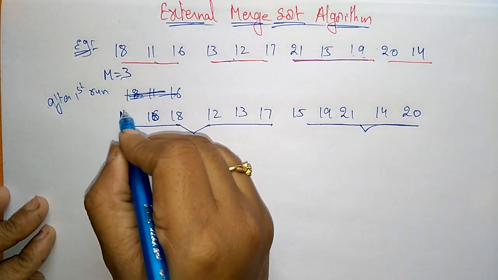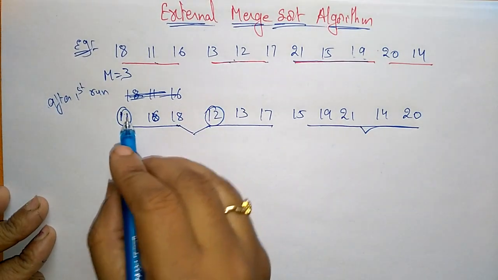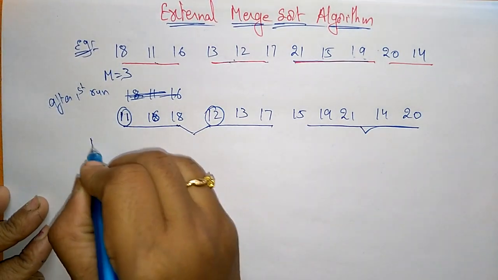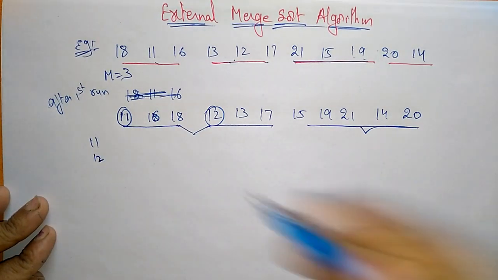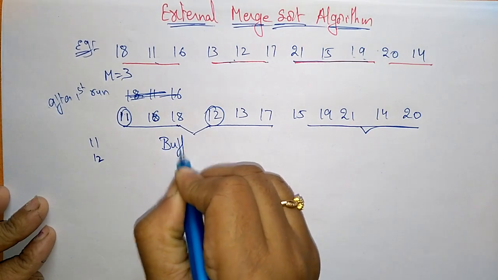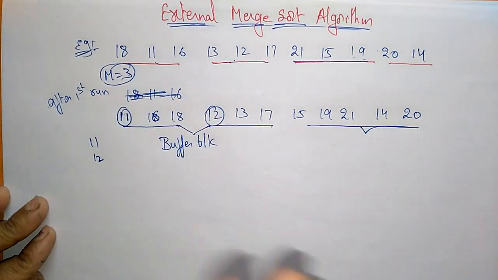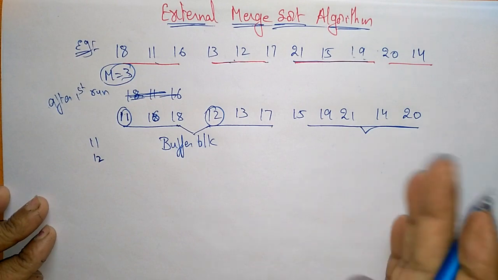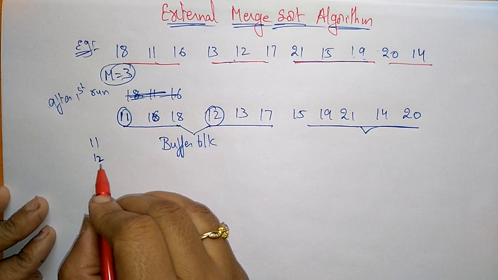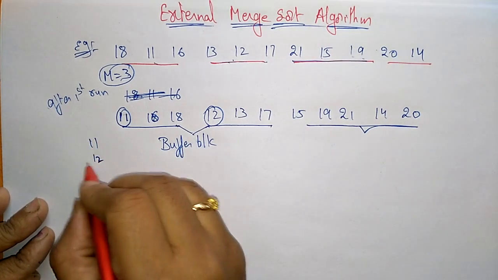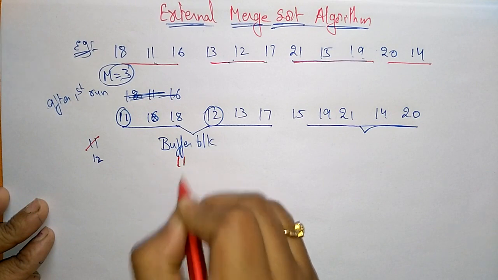The starting elements here are 11 and 12. The buffer block size is only 3, so up to 3 values it can store. In 11 and 12, which one is the least? 11. So strike off the 11 and place that value in the buffer block.